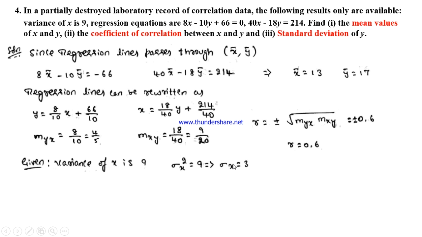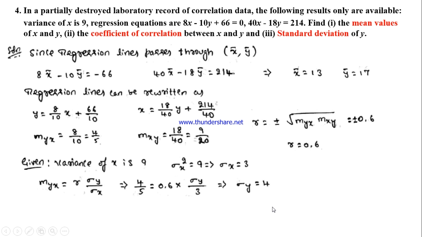Now since I know sigma x, r and myx, I can make use of the formula of myx, that is myx is equal to r sigma y by sigma x to compute the value of sigma y. Substitute everything in it and on simplification your sigma y is given by 4. This is the standard deviation of y.